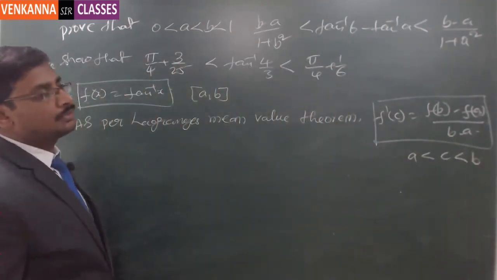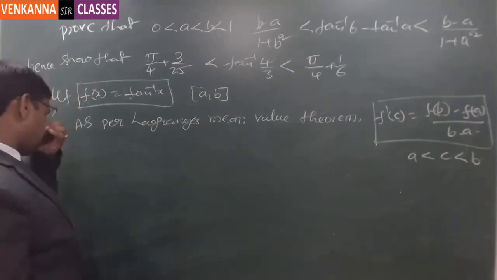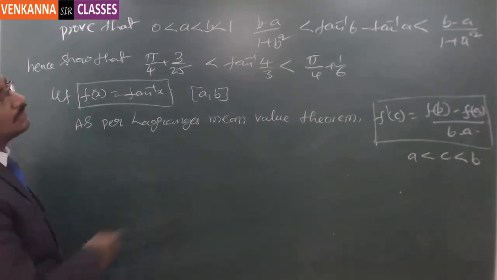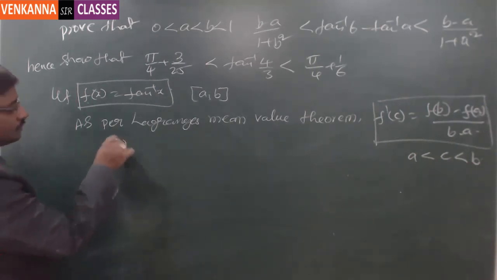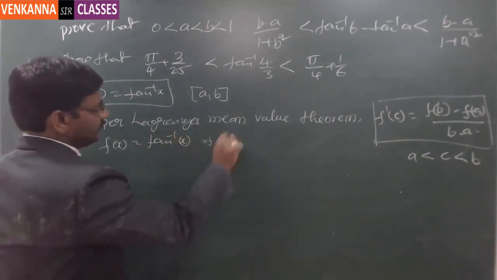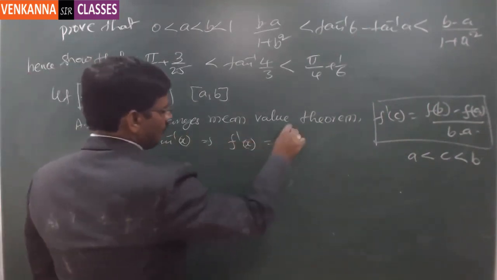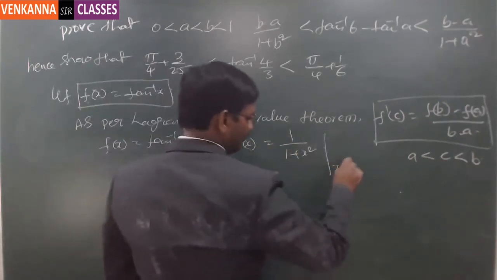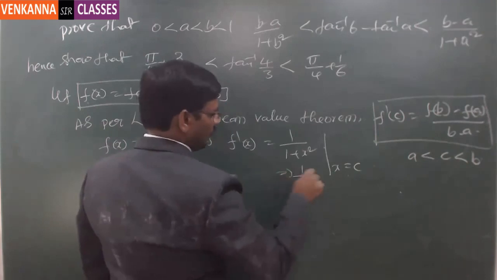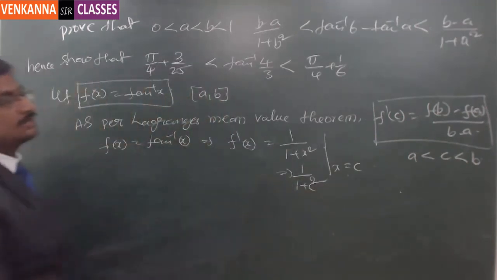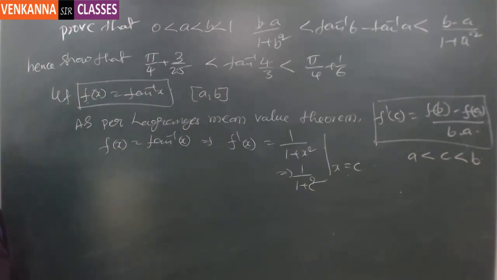Got it? So then what you can consider is a less than c less than b. The derivative of f, where f of x is equal to tan inverse of x, implies f dash of x is equal to 1 by 1 plus x square. So when x is equal to c, this will be 1 by 1 plus c square. And the condition is a less than c less than b, right?